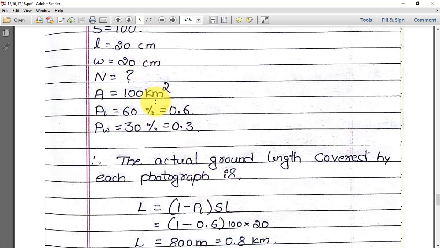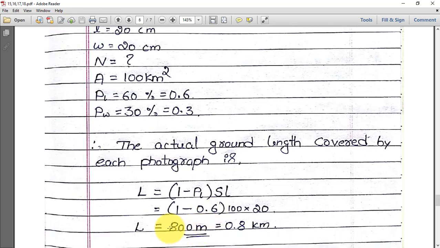Small l is 20 centimeter, because we have already accounted for the 100. Clear? So substitute and calculate. L you will get 800 meter. You write it as 0.8 kilometer, because the total area is given in kilometer. So L is equal to 800 meter, that is equal to 0.8 kilometer.